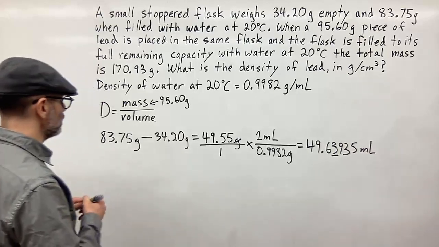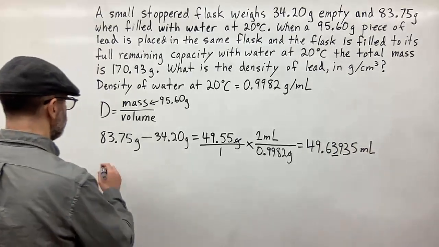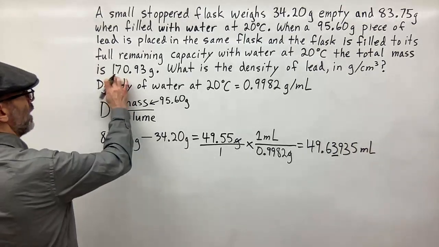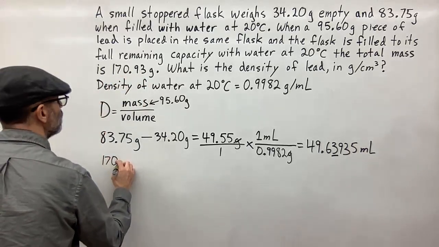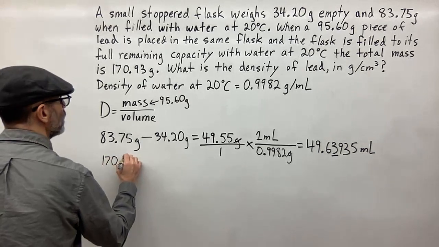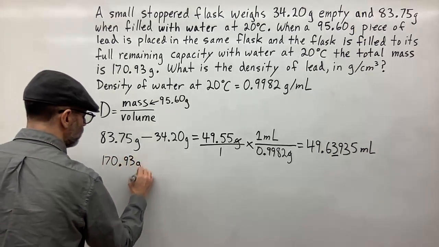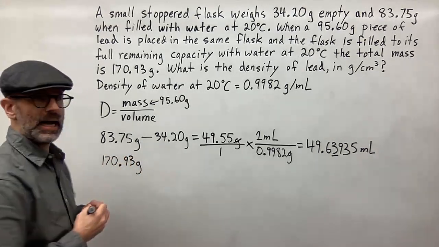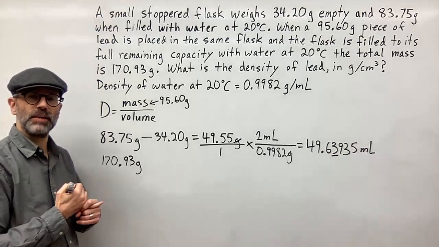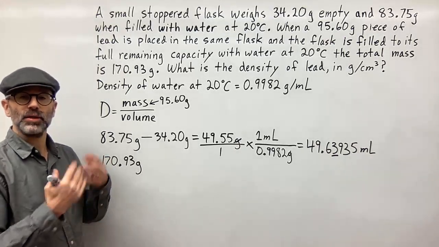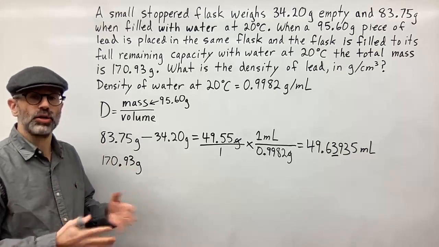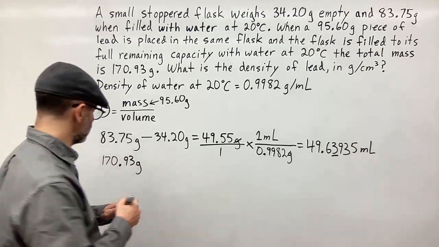In this case, the total amount of mass is 170.93 grams. And I'm going to subtract out the mass of the empty flask along with the mass of the lead. And what's left over is the mass of the water that's occupying the rest of the space.